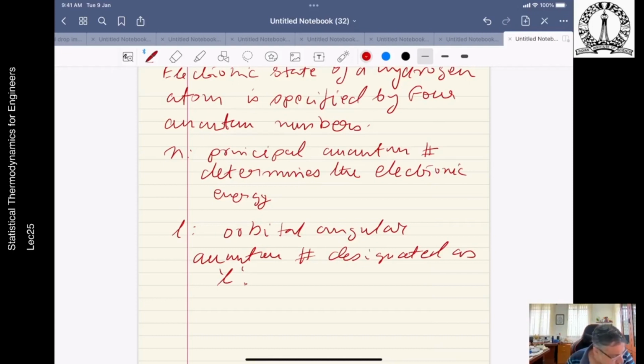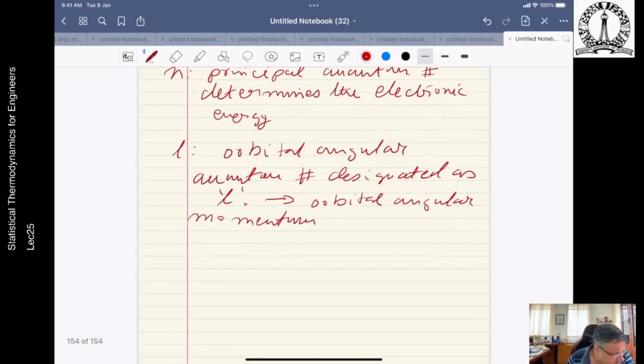So this particular number is totally for designating the orbital angular momentum. Then comes ML, which is called the orbital magnetic quantum number.